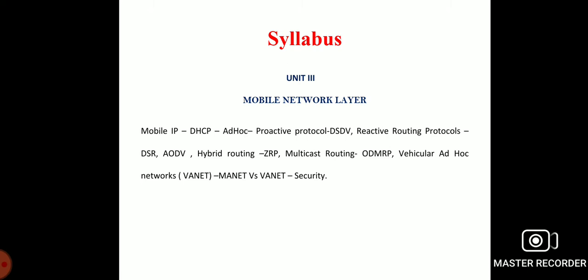And in continuation, distance vector routing protocols and multicast routing protocols. Finally, the vehicular ad hoc networks and mobile ad hoc networks, and also the security issues in MANETs and WANETs. Today we are going to discuss the first topic, mobile internet protocol.